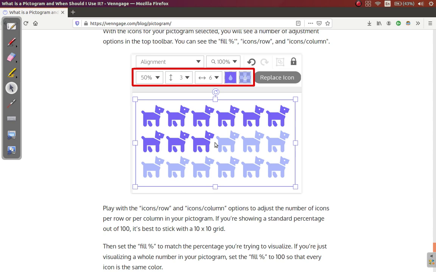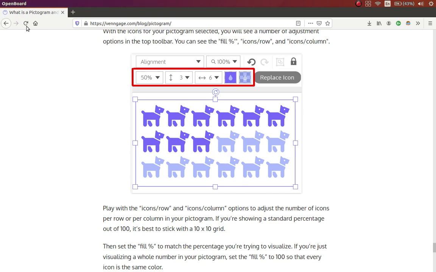So you might say, this might represent, for example, the proportion of pets in a certain town that have received a particular medicine from the veterinarian, and this would be half of them. All right, so it's another pictogram.